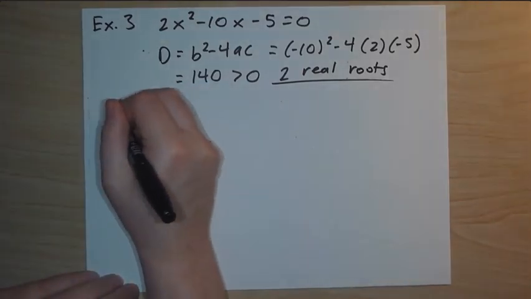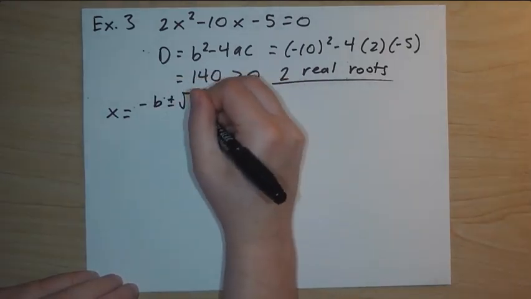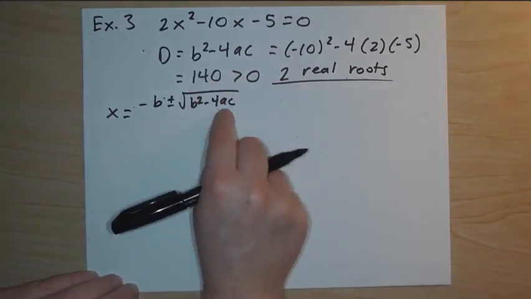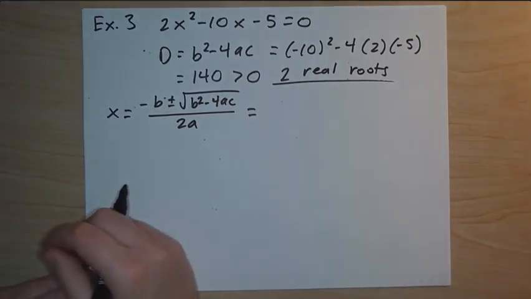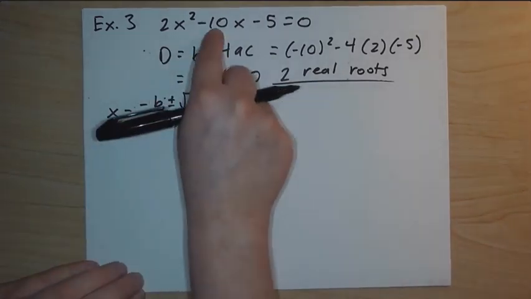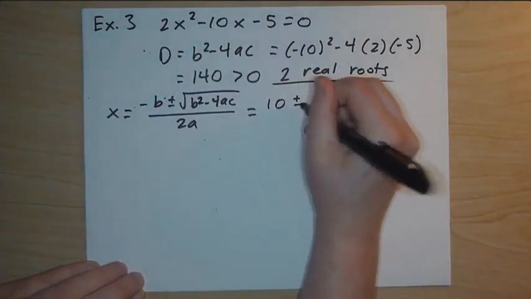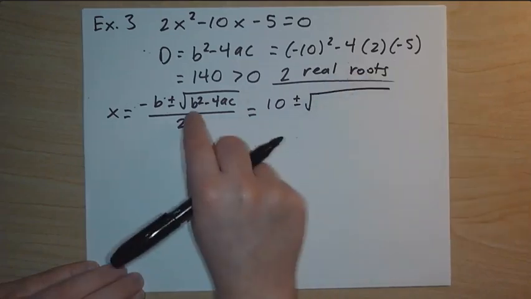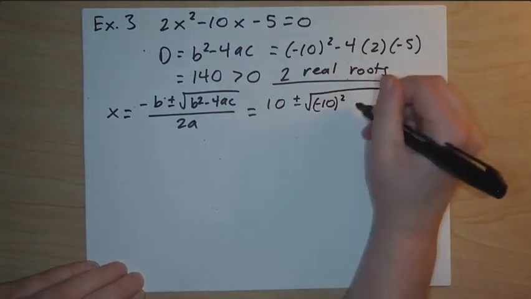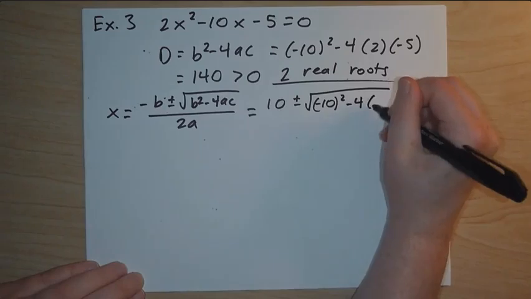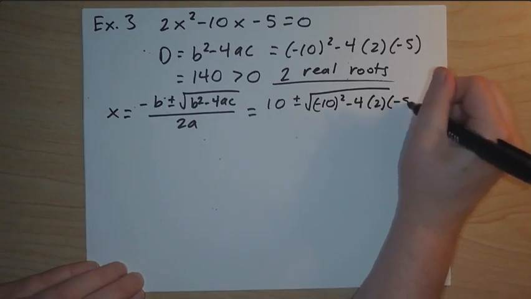The quadratic formula is x equals negative b plus or minus the square root of b squared minus 4ac, this is our discriminant, divided by 2a. Plugging in, we have negative b. Negative of negative 10 is positive 10, so we have positive 10 plus or minus the square root of negative 10 squared minus 4 times a, which is 2, times c, which is negative 5.